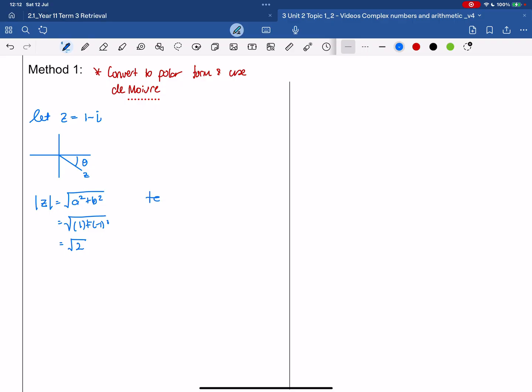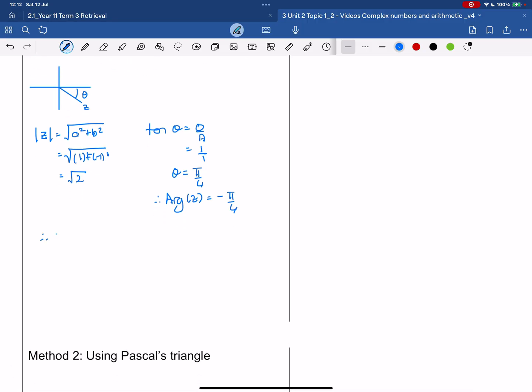Okay, so tan of theta is opposite over adjacent, and that's going to be 1 over 1, so theta is going to be pi on 4. So therefore my argument of z is going to be negative pi on 4, and so therefore I can say that z in polar form is going to be root 2 cis of negative pi on 4.